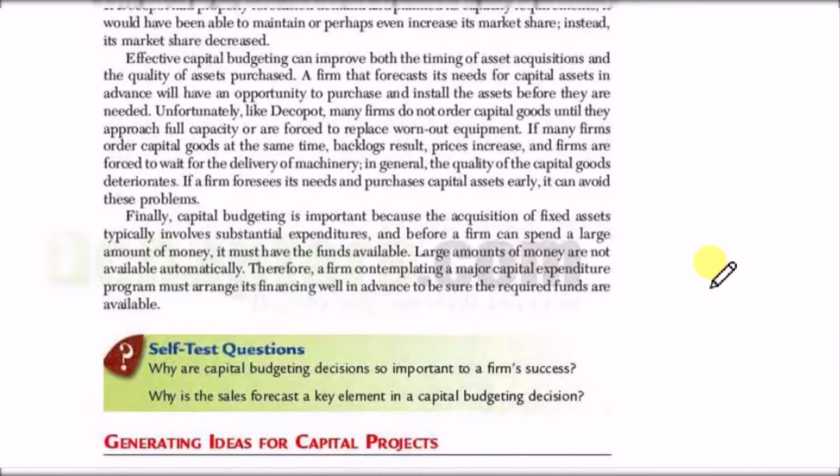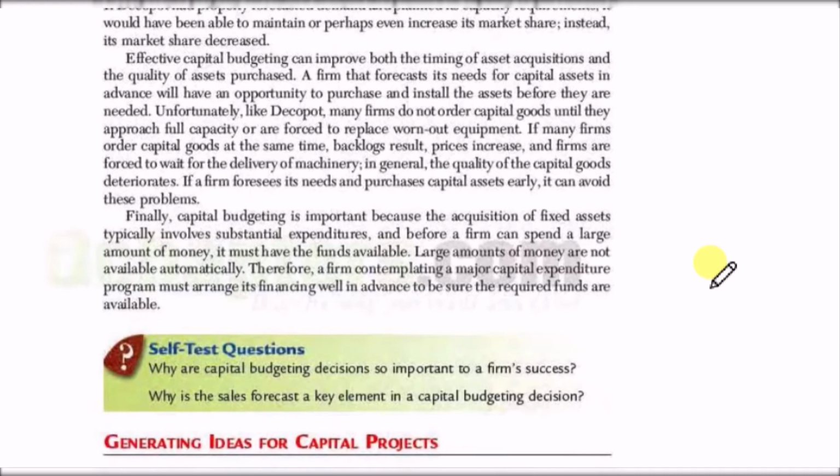Finally, capital budgeting is important because the acquisition of fixed assets typically involves substantial expenditures, and therefore a firm that spends a large amount of money must have the funds available.